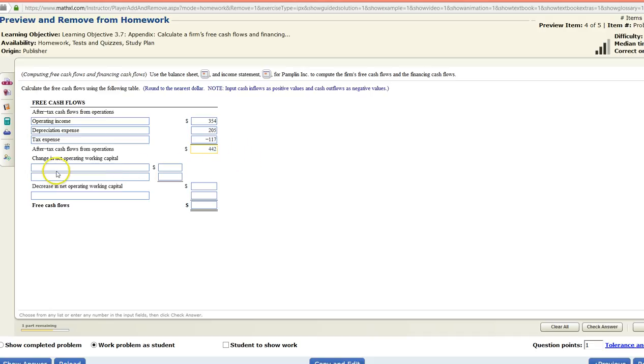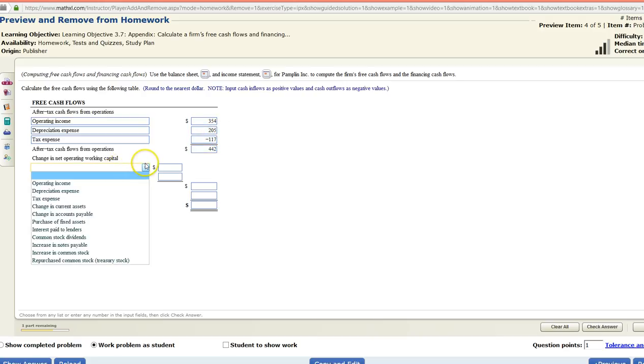And then we further do the change in net operating working capital, and then the change in long-term assets. Here it didn't show yet. So we do the change in current assets.